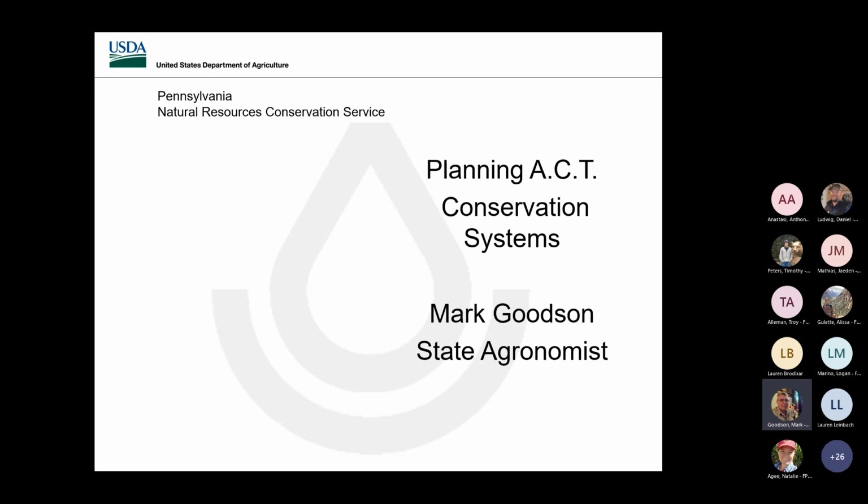So we've heard from Dan and we've heard from Tony that we really need to be planning our conservation to a systems approach, and this avoid, control, and trap has been proposed by conservation leaders across the country to deal with the pollution problems, the water quality problems that we have associated with cropland agriculture.